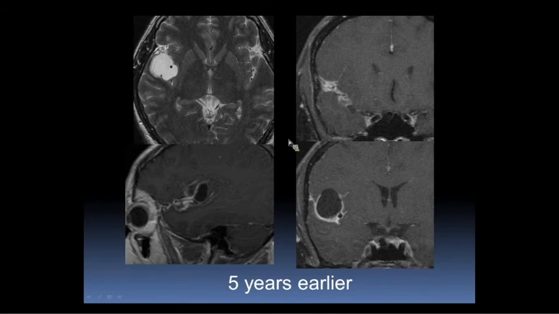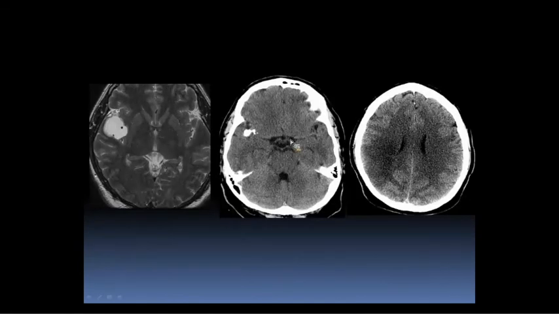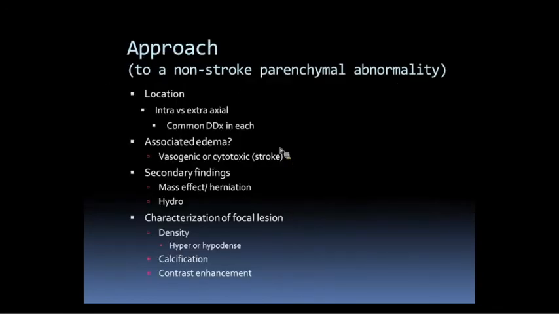So as this lesion shrunk down and calcified and got dystrophic calcification surrounding the MCA, it eventually occluded the MCA, and then 5 years later they had an infarct. So pretty wild case.